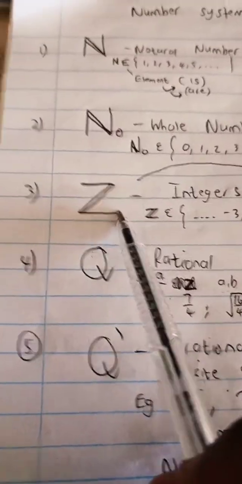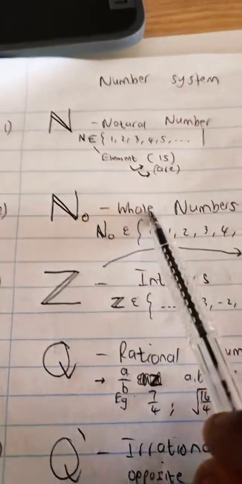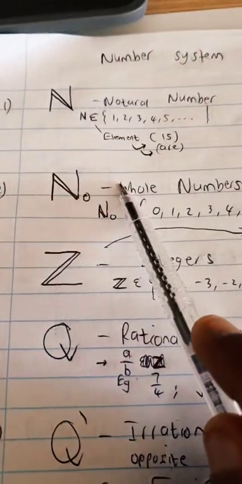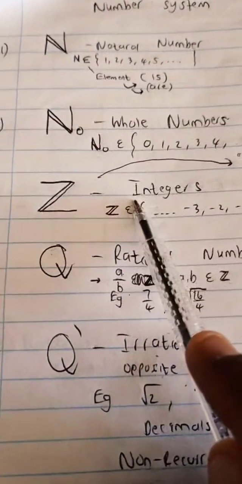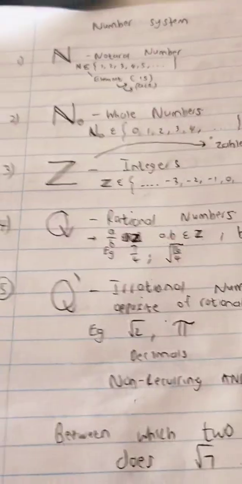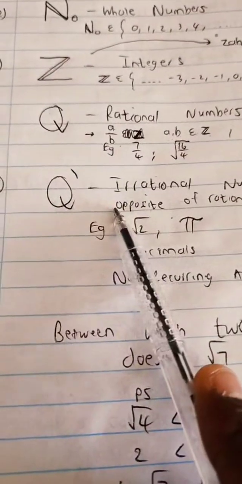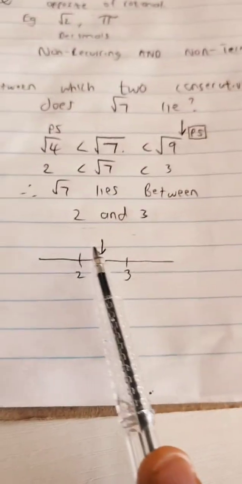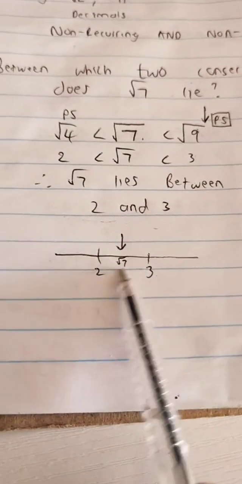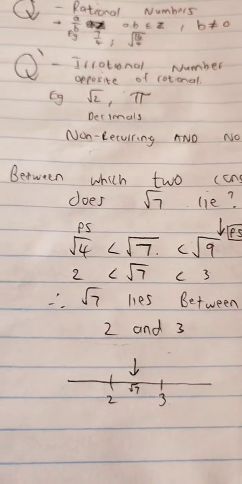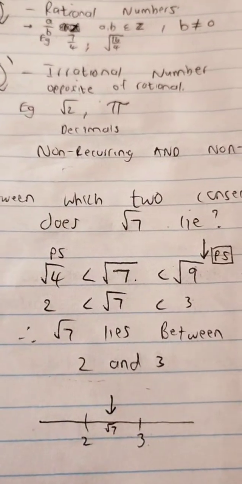They are not only integers, but also whole numbers, and natural numbers. They are also rational numbers, but they are not irrational. But between these two numbers is found the square root of 7, which is the irrational number we were checking as to where it lies.